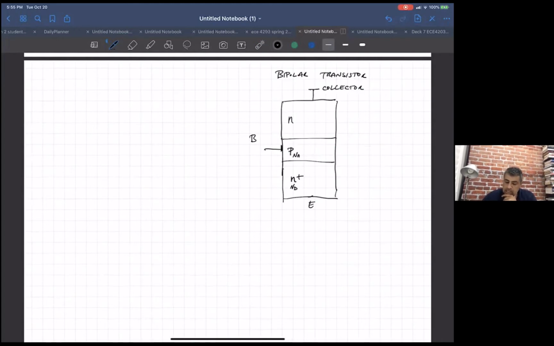And then this N is usually along the line of the base or even less. So William, does that make sense? So it comes pre-designed in that way. So you as the user of this bipolar transistor are not adjusting doping concentration. This comes to you as a device that you buy or you use.